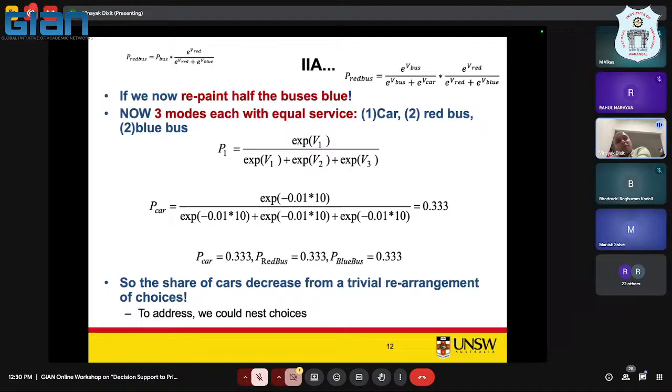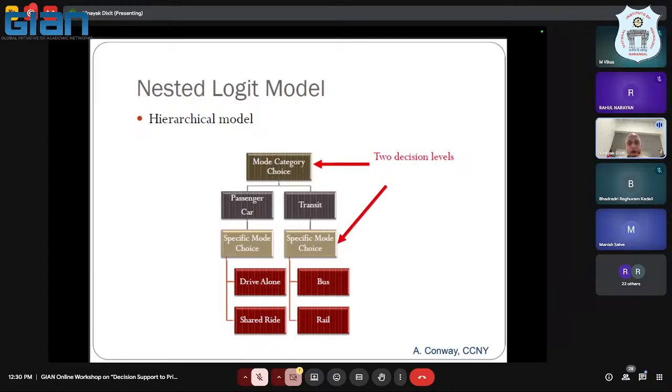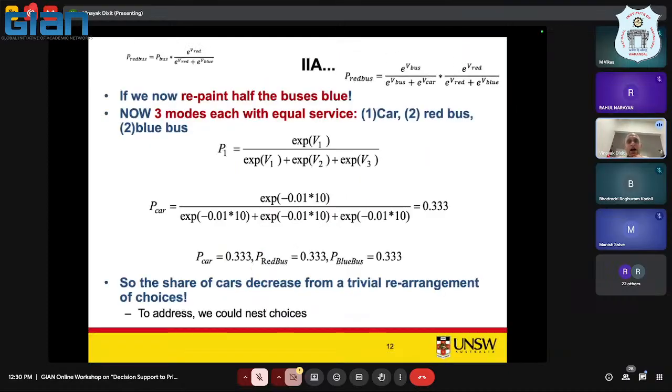And once they choose the bus is when they're going to choose whether they're going to take a luxury or not. And that is how we call it nested choice. So it's basically capturing the decision levels and the fact that these decision levels impact the idea of IIA, the independence of alternatives.